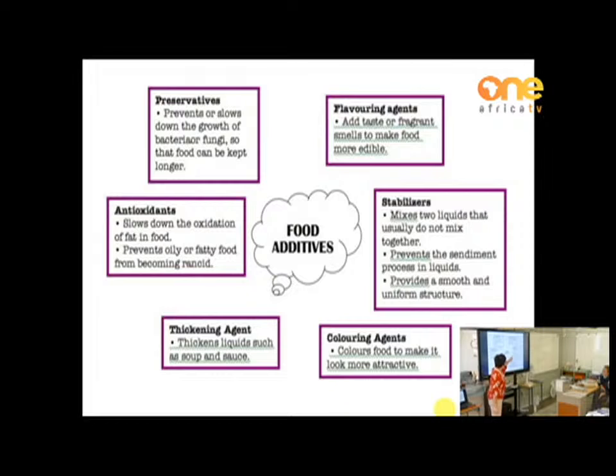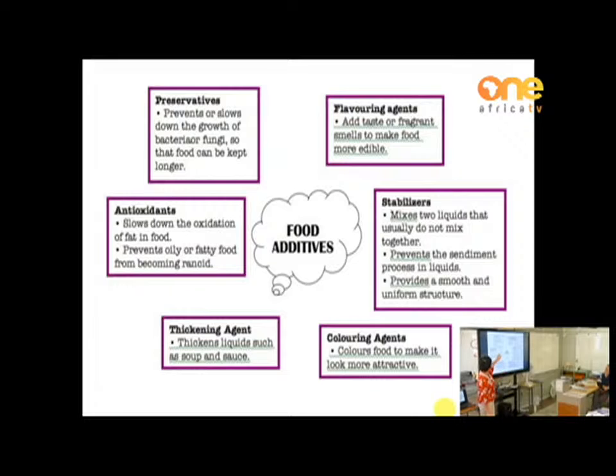It also helps with a smooth and uniform structure. Colorants, and these coloring agents are artificially produced. Thickening agents thicken liquids such as soup and sauce.